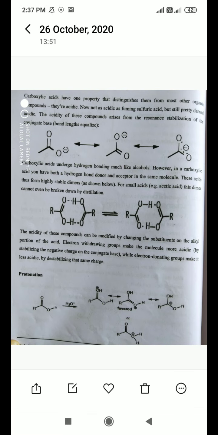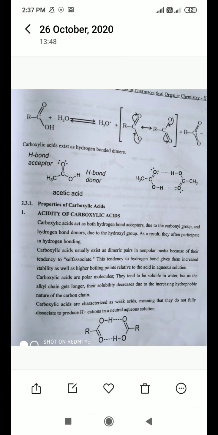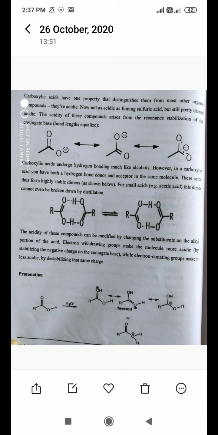If this dimer is hard to break, what does it ultimately affect? It affects the boiling point or melting point of the compound, because of this strong dimer.